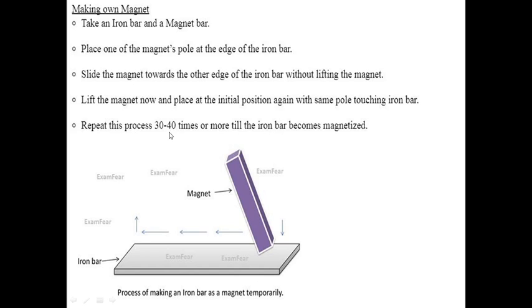Repeat this process 30 to 40 times or more till the iron bar becomes magnetized. You can see here with the help of the diagram how to make your own magnet. Follow the procedure given in your textbook, or the procedure I have given through the slide. It is not a necessary part, but it is possible to make a magnet.